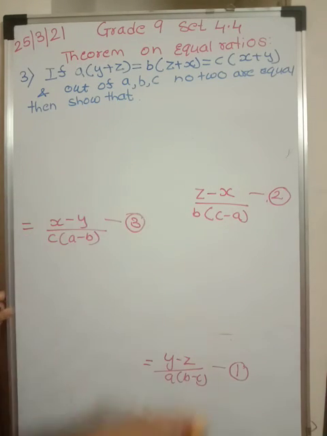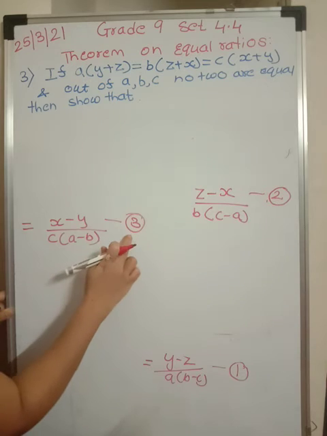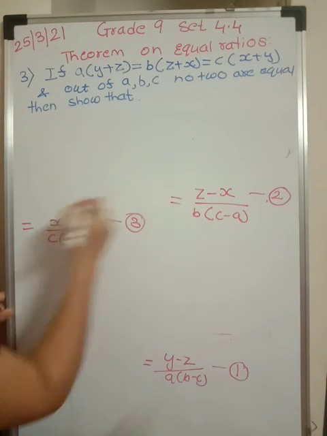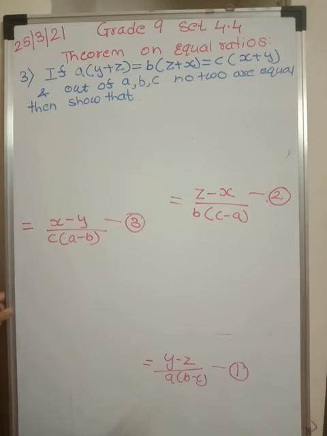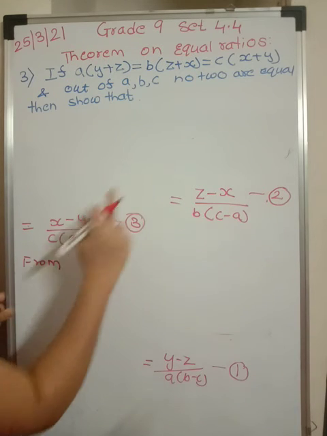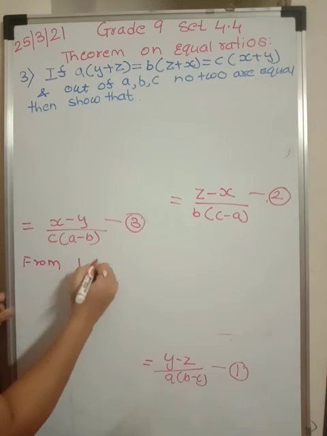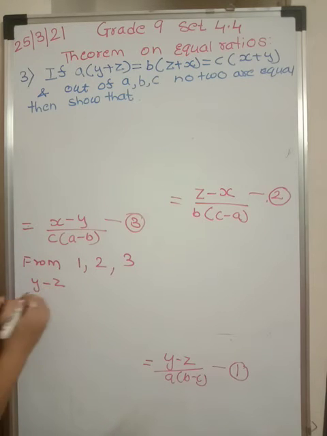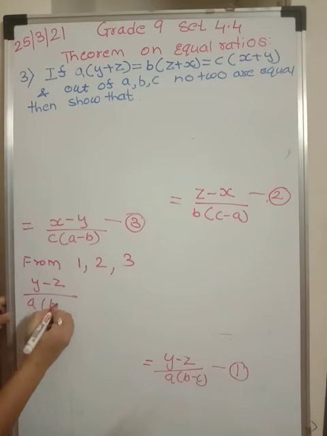I am erasing everything. 1, 2 and 3. Each ratio was equal to this. It was also equal to this and it was also equal to this. So, what we can write at the end? From first you got this, then you got this, then you got this. From 1, 2 and 3, what do we get? Y minus z upon a into b minus c.